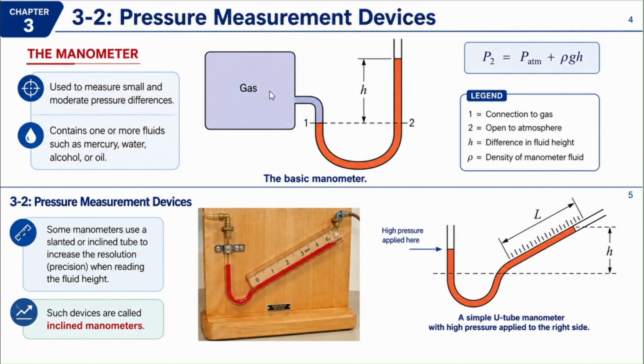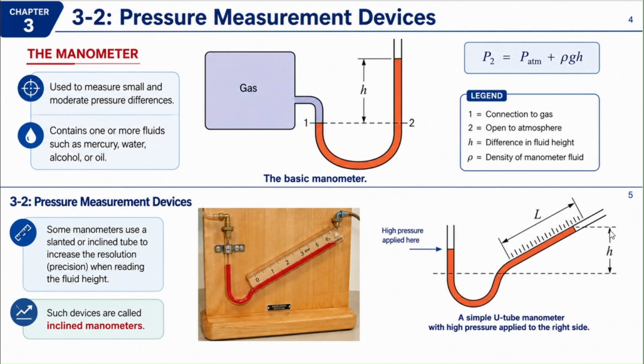Now an inclined pressure measurement device is called an inclined manometer. Sometimes the basic manometer is difficult to use for tiny variations in pressure. So if you want to increase the accuracy, instead of measuring the vertical height, you can measure the inclined length.